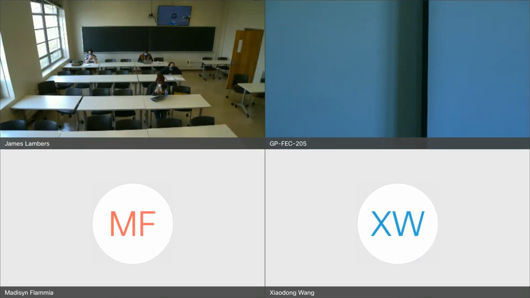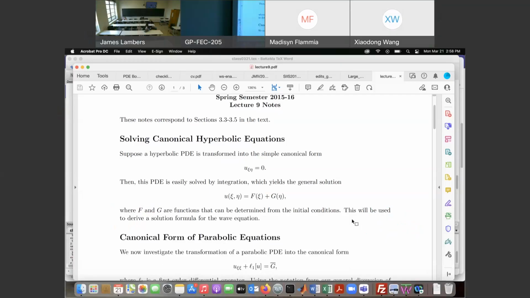Okay, so this is from my notes from Math 606, and I'll return to our notes a little bit. So this is the simplest possible canonical form where you don't have first derivative terms, yet where this is the only term with a second partial derivative. So that's what we're dealing with now. And you saw this when deriving the d'Alembert solution from the wave equation. If your equation is not hyperbolic, what canonical form can you aim for in that case?